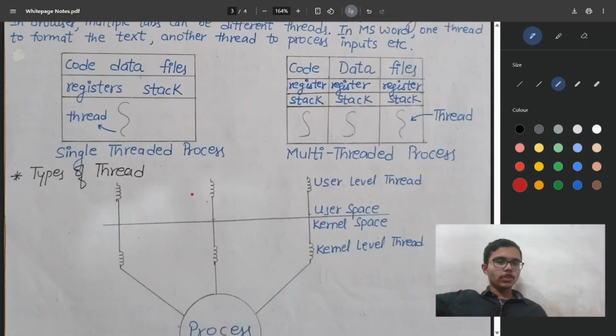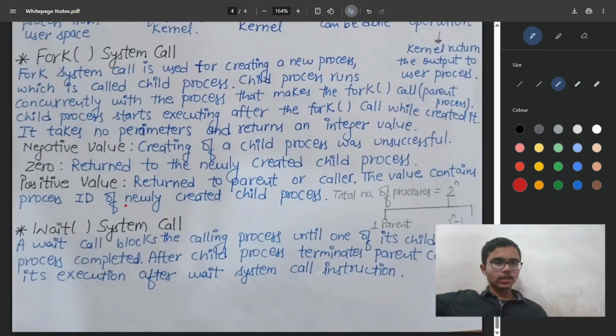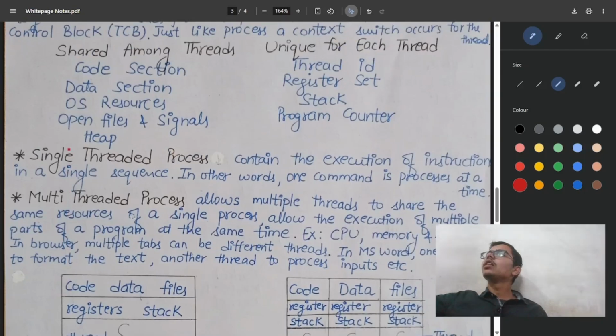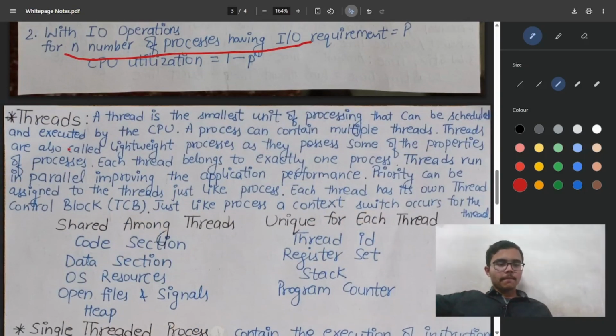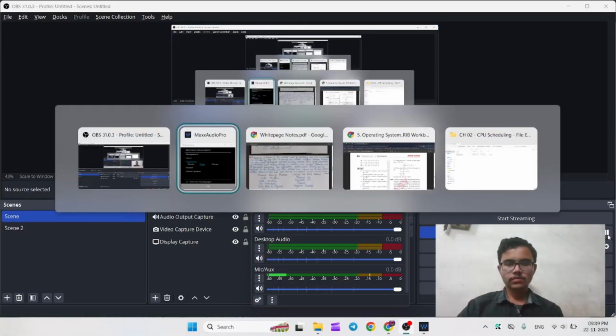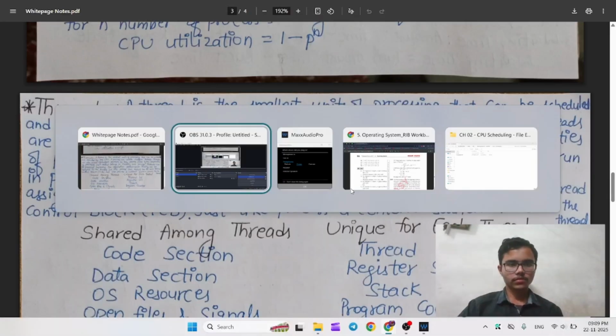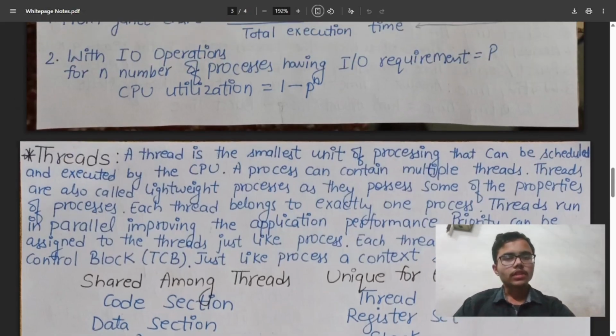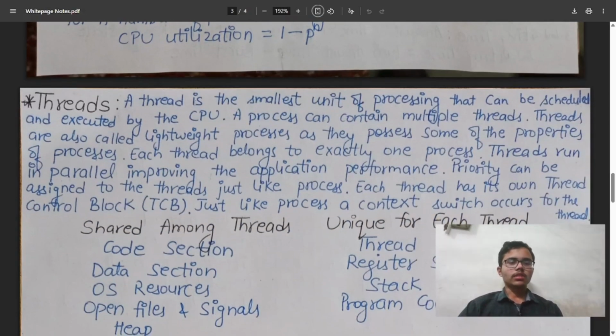Now we talk about threads, and after this the fork system. These numerical parts come from this. So next we talk about threads.